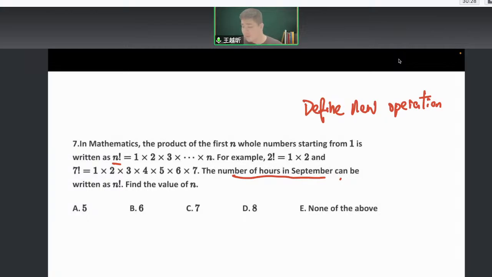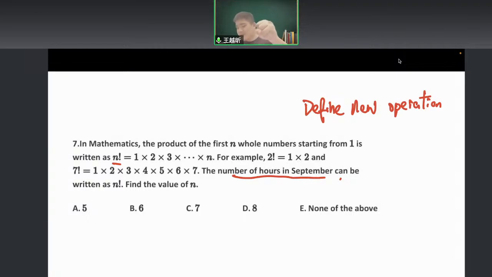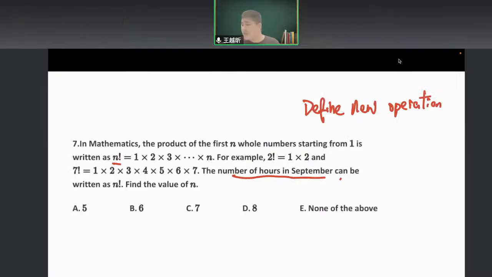September got 31 days. You can use your fist to decide. Yes, September only got 30 days. So Chloe gets the answer. It's actually 24 hours in a day times 30 days. So 720. Very good.